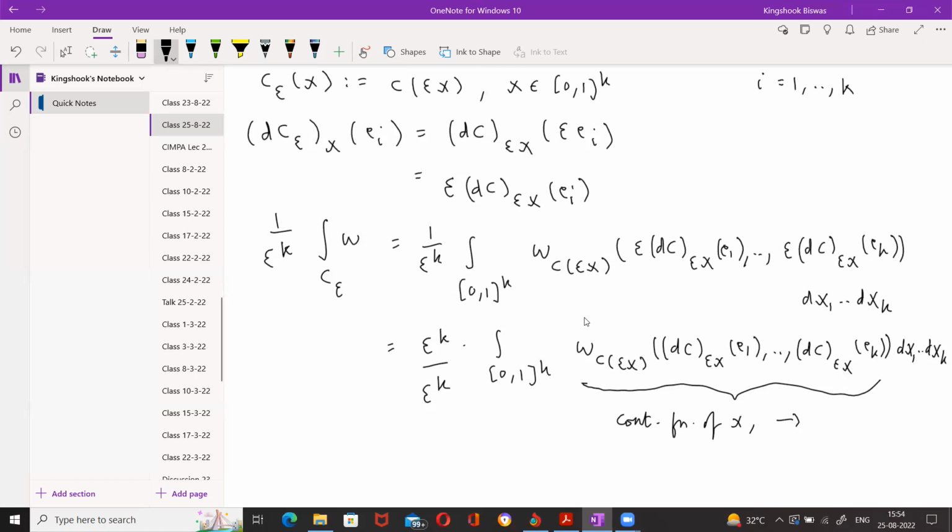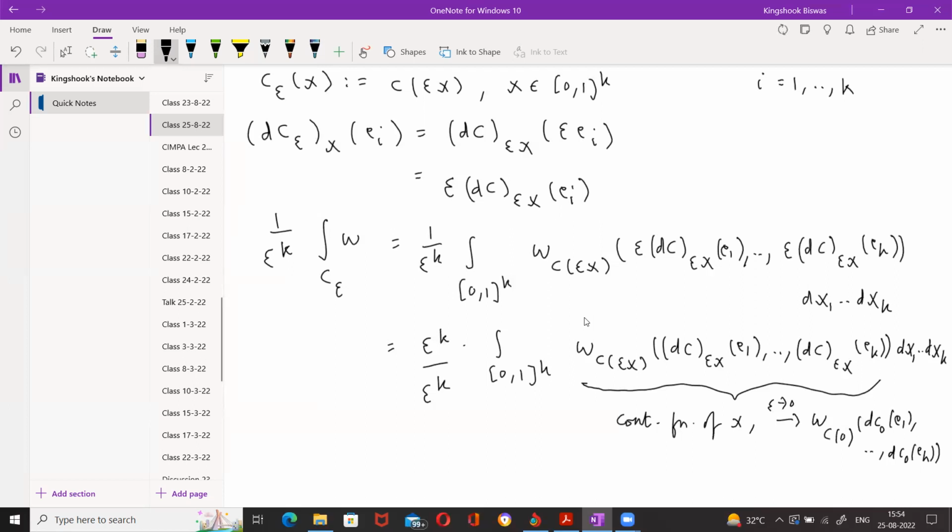This converges to omega at C0 applied to dC0 e_1 up to dC0 e_k, as epsilon tends to 0.